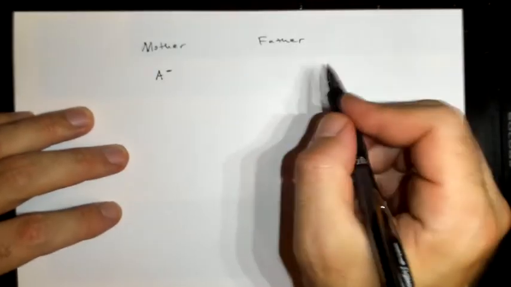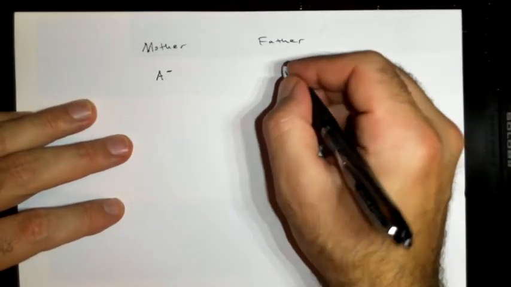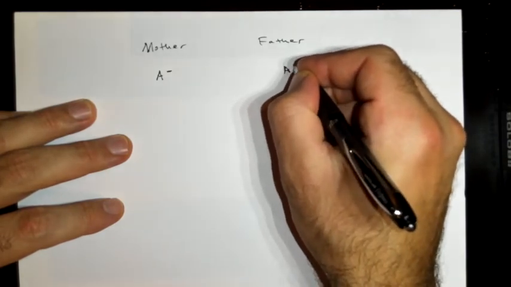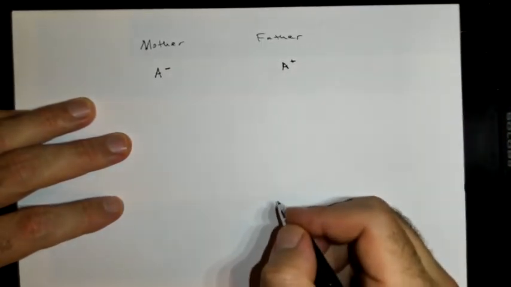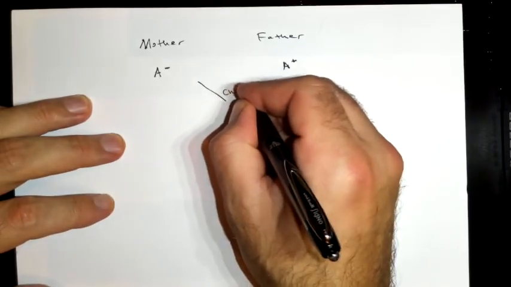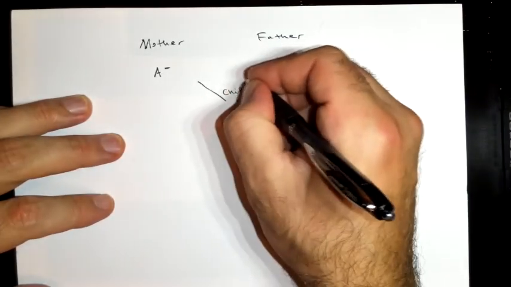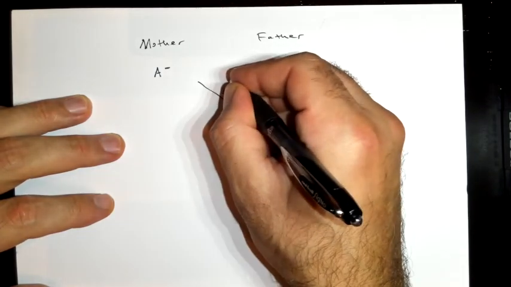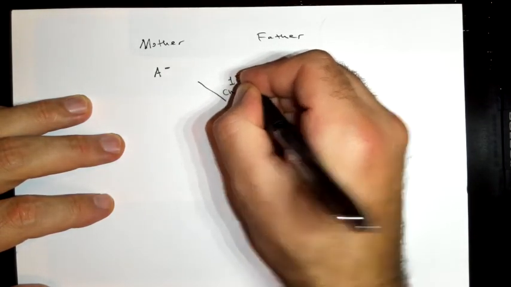Okay? And we imagine the father, let's say, is A positive. And now what we do is we imagine that the child is also A positive, like the father. And this is child number 1. So first child.